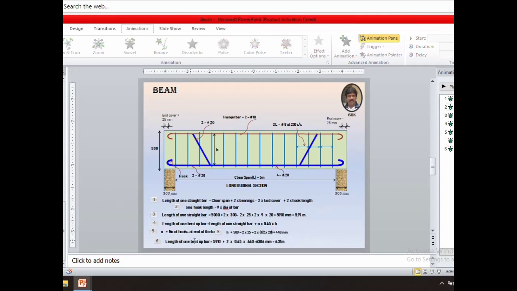And one more correction: it was not number of hooks, it was number of bends at the end of the bar, or at the bends near supports. We can call it near supports.